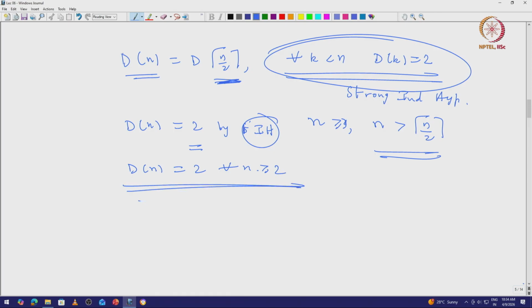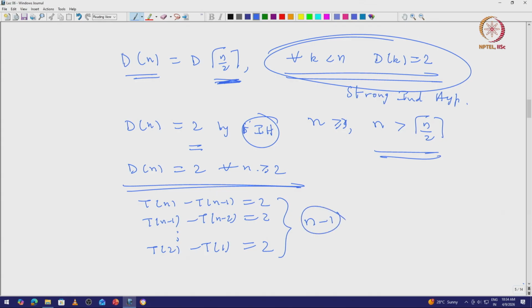So, here T of n minus T of n minus 1 is 2. T of n minus 1 minus T of n minus 2 is also 2. In this way, T of 2 minus T of 1 is also 2. There are n minus 1 equations here. So, when you add all of them, the cancellation happens like this.